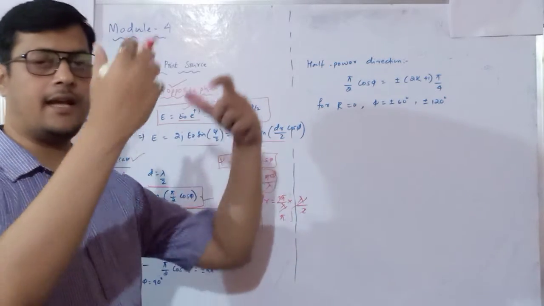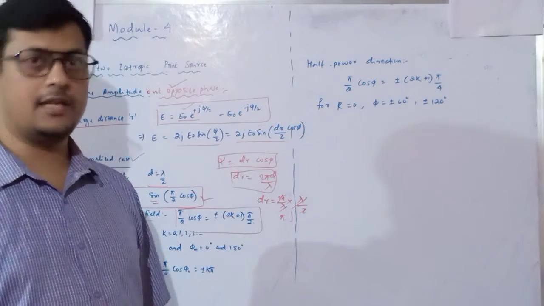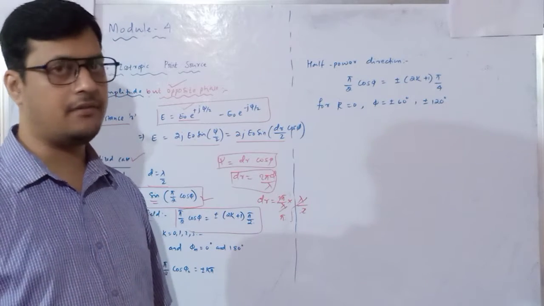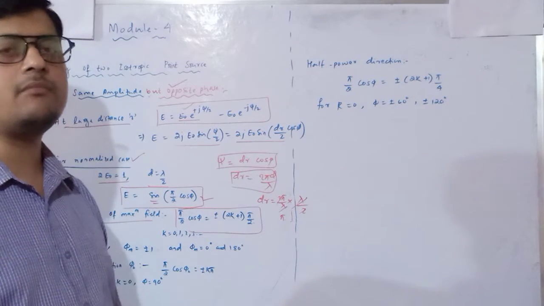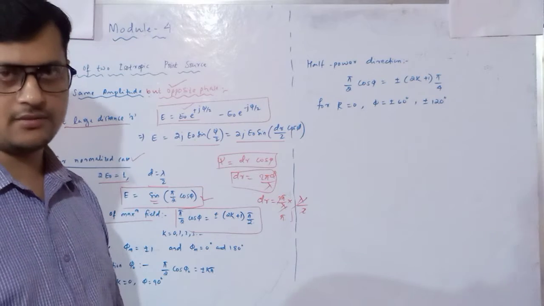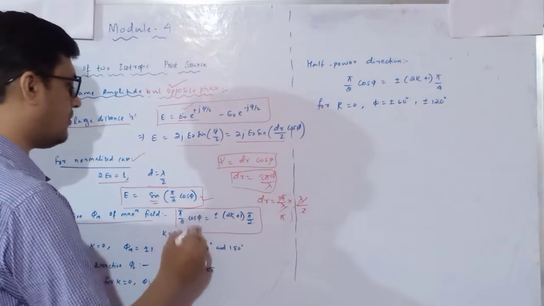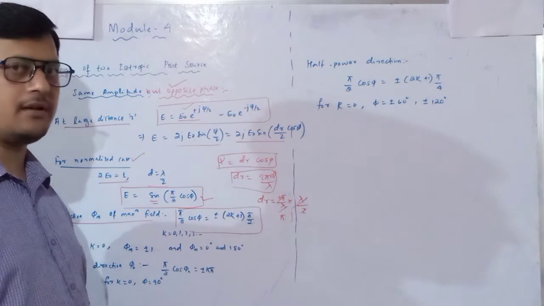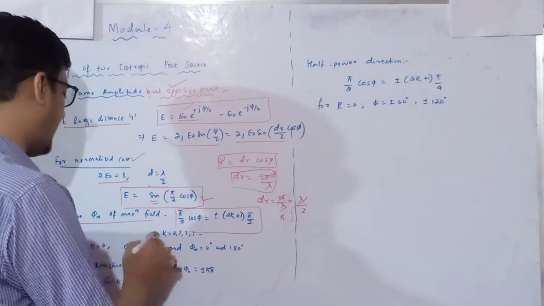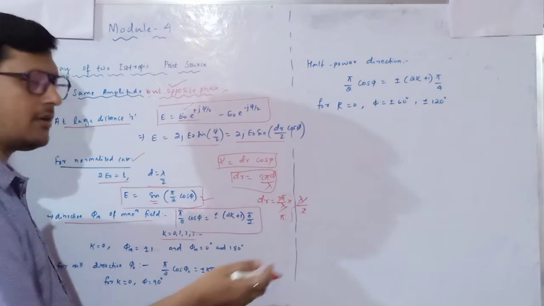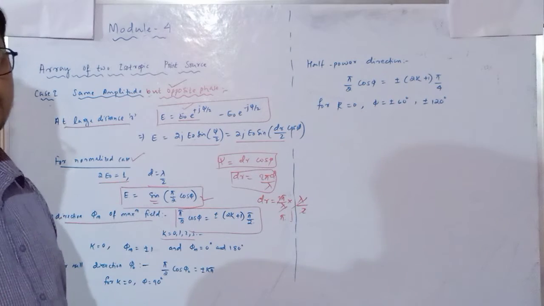The minimum is when it is equated to pi terms. So pi by 2 cos phi equals plus minus (2k plus 1) pi by 2. Now for k equal to 0, 1, 2, 3, you can put in the iteration and identify the range.